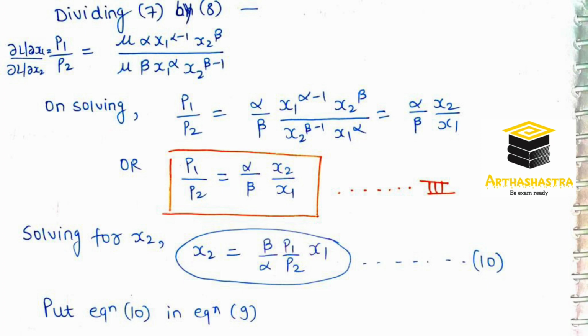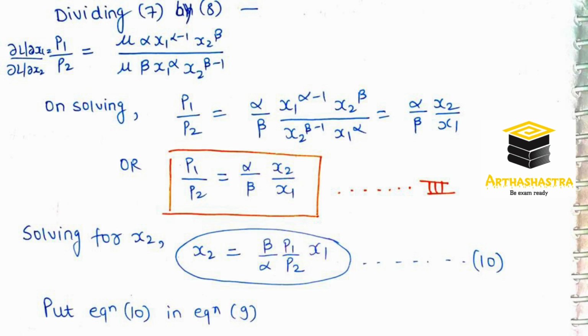Now we get the value of x2 in terms of x1. We mark this equation as equation number 10. Now to find out the value of x1, we will put equation 10 in equation 9.